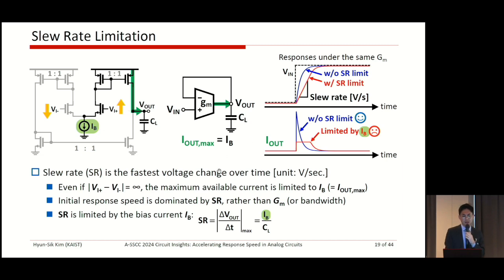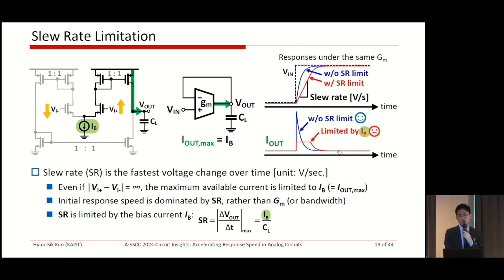We can define this limitation using the slew rate. The slew rate is the maximum voltage changing rate over time, and the voltage change at Vout is determined by the charging current and the capacitor. Therefore, the slew rate can be expressed as IB over CL, right?